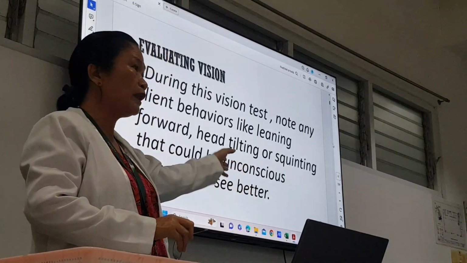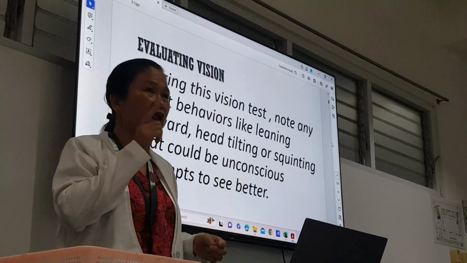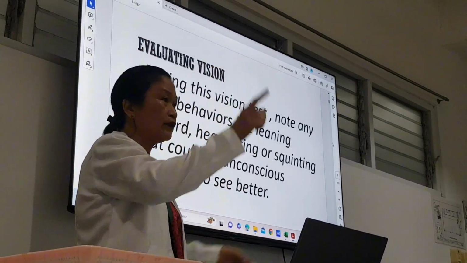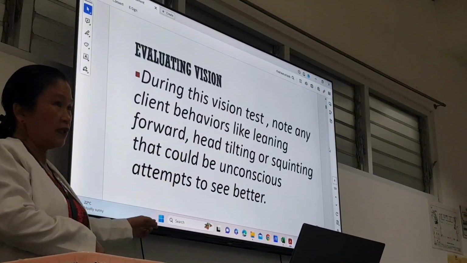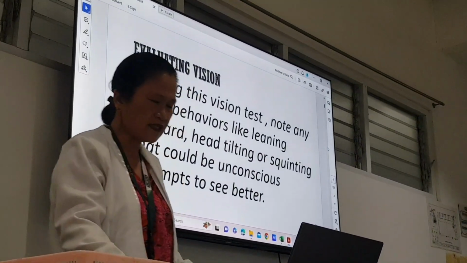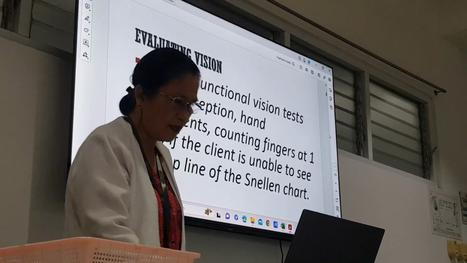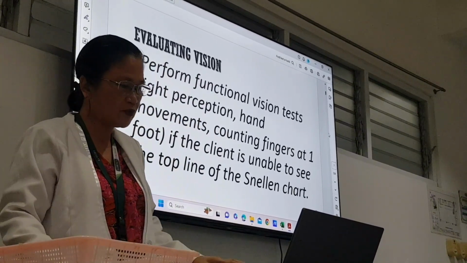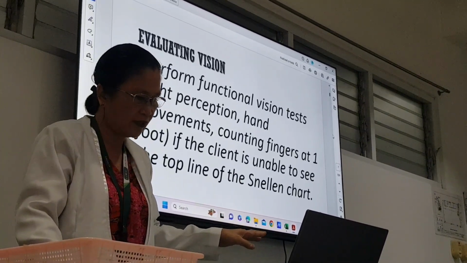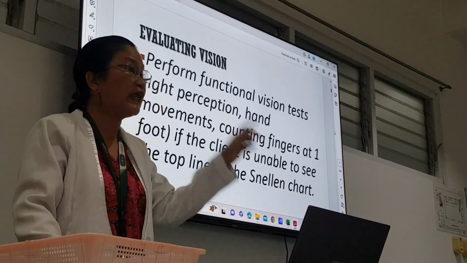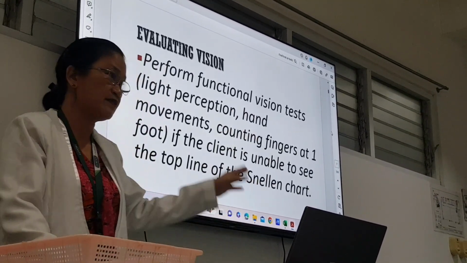So, at 2020, normal acuity, yung talagang direction that you can really read all the letters until 2020. Okay. Next. Now, this one, perform functional vision test, light perception, hand movements, counting fingers at 1 foot, if the client is unable to see the top line of the Snellen chart.